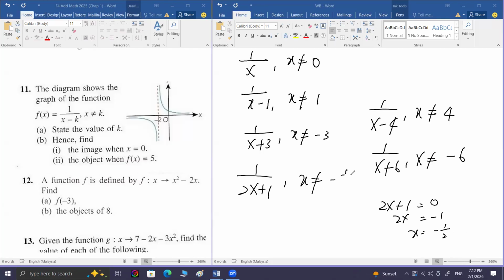So it cannot be negative 1 per 2. One more: 1 over 4x minus 3. x cannot be 3 per 4. Got it? Notice the opposite sign: negative, you say positive; positive, you say negative, because you shift to the other side.